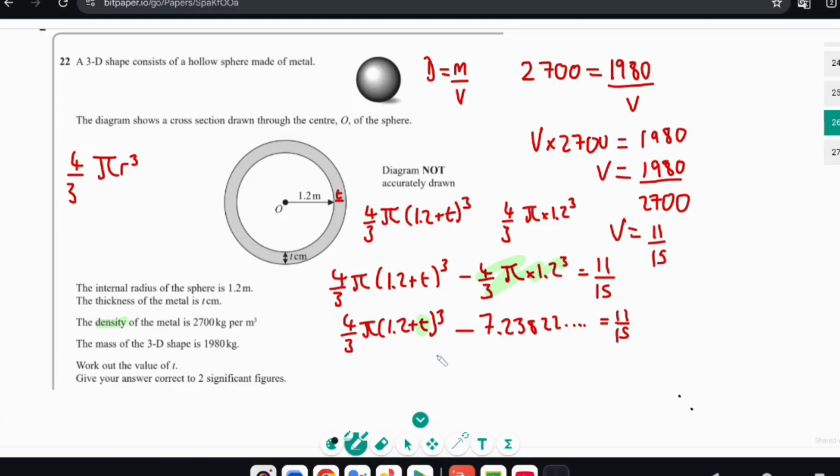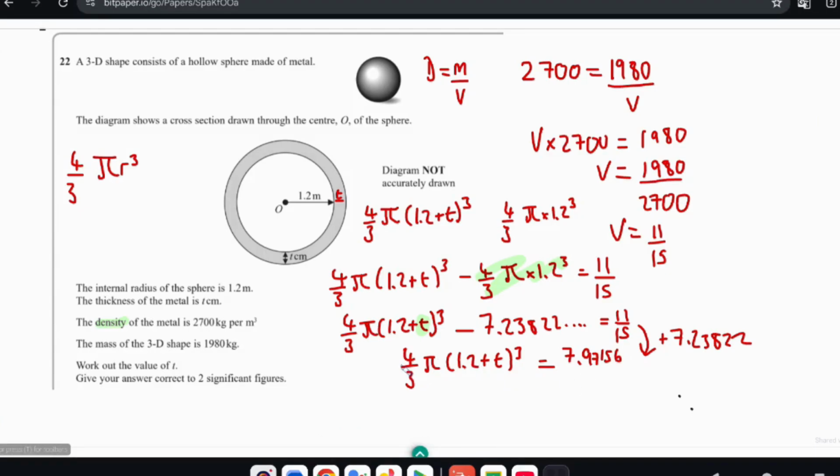So if I add 7.23822 to both sides, I get 7.97156. I'll leave the full answer on my calculator.